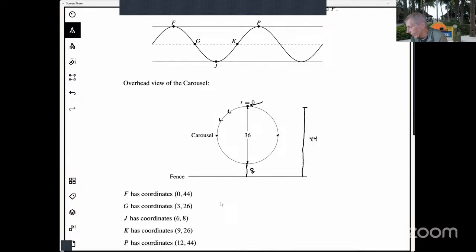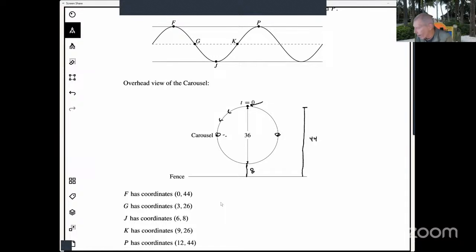Well, that dashed line is sort of the midline. And so I kind of see that as corresponding to where my horse is at that point or at that point. F is the farthest point from the fence, and so that's going to correspond to t equals 0. And let's see, what's the distance from the fence there? Well, it's 44 feet.